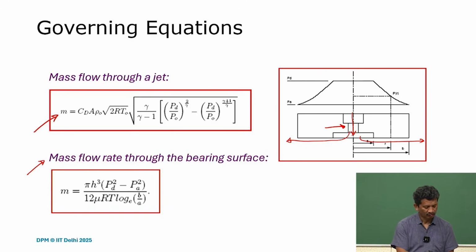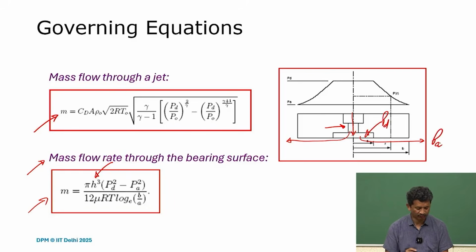So we can take a section and, assuming it's a laminar flow, again we can calculate the mass flow rate for a given air gap. H is the air gap we are talking about, and again PD is the pressure here in the pocket, and outside is atmospheric pressure, PA.